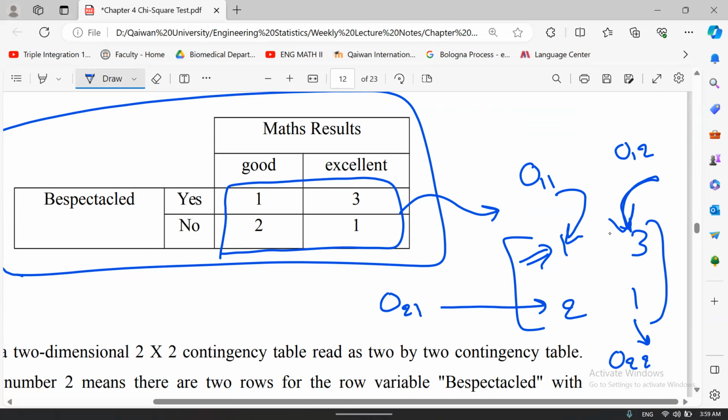We need 2 things for calculating the chi-square. The chi-square test can be calculated by only the observed frequencies and the expected frequencies. We need to find the expected frequency for each of these.